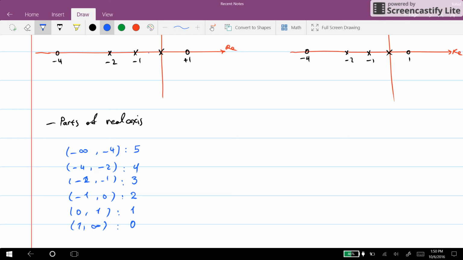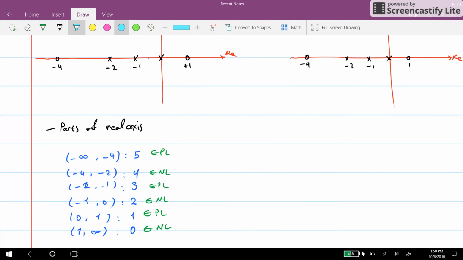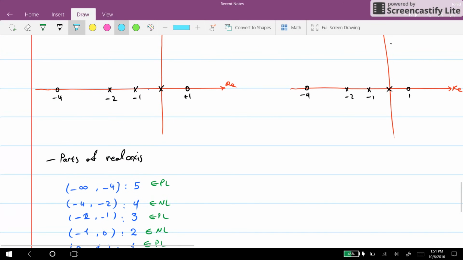So this area belongs to the positive locus, this belongs to the negative locus, positive locus, negative locus, positive locus, and negative locus. And we can show them on the graphs as well. From minus infinity till minus 4 belongs to the positive locus.